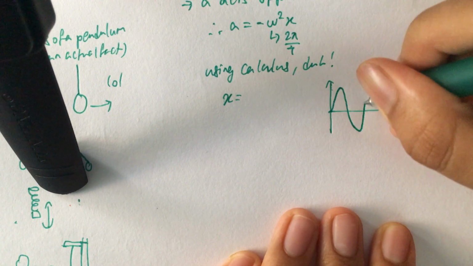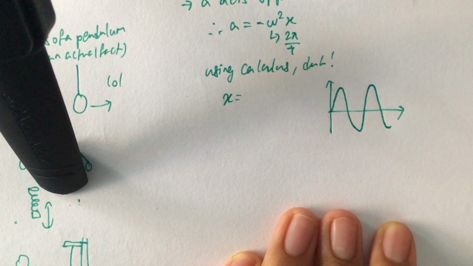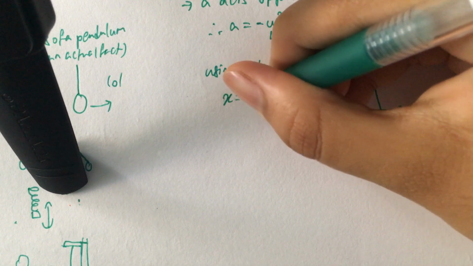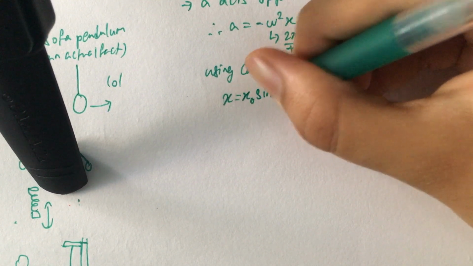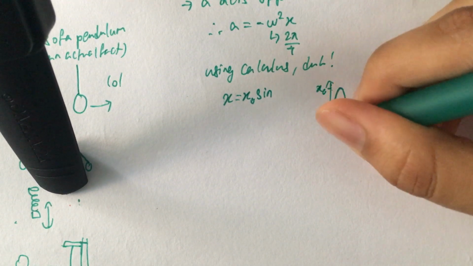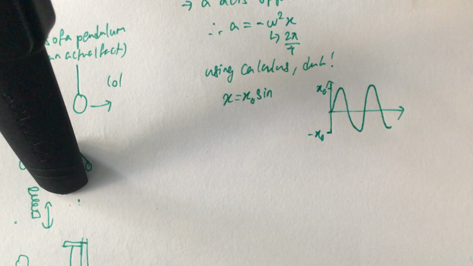If you imagine the right as positive and left as negative, you get a positive and a negative value. And you realize that you cannot just put sine t, because you cannot always expect the magnitude of the amplitude to be 1. So you put in the amplitude in front, which will be represented by x0.